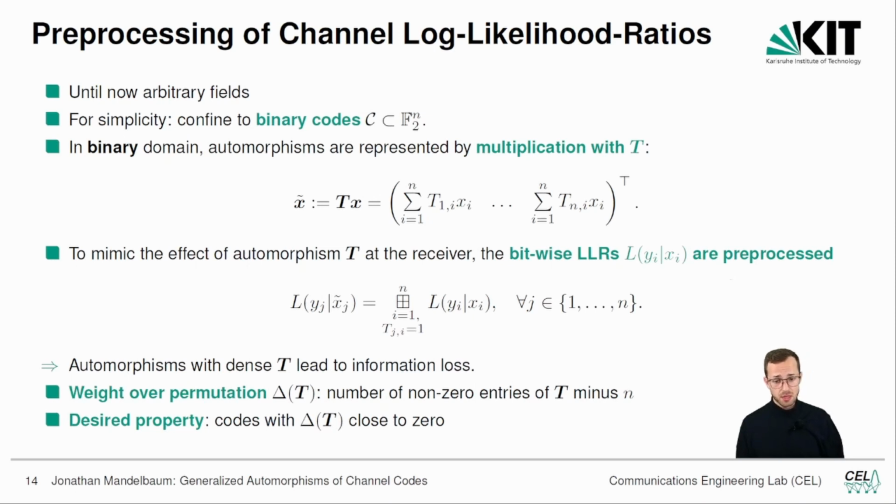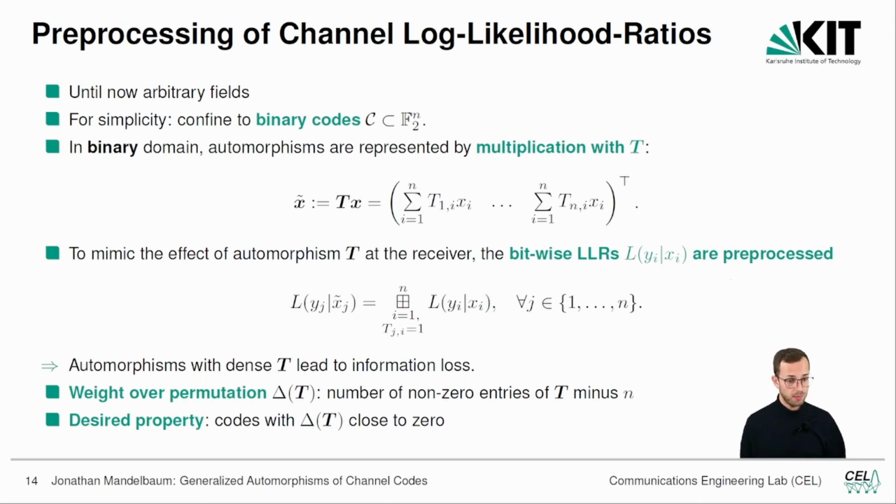However, it is known that the more values participate in the box plus summation, the lower the magnitude of the outgoing LLR messages, and therefore information is lost in the pre-processing. Therefore we want to use automorphisms with small so-called weight, and we introduce the weight over permutation delta t, which is the number of non-zero entries of t minus n.